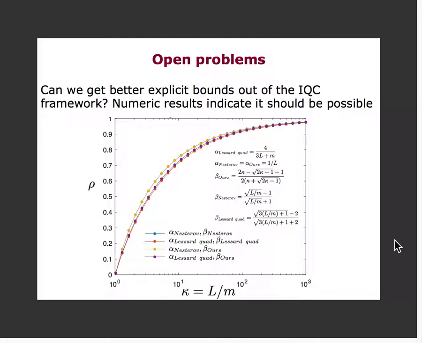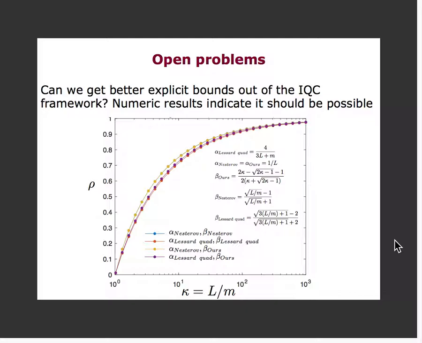But if we choose, for example, alpha given by this expression here, and beta equal to ours, and we run these numerical experiments, we actually get a better bound. And if we choose alpha and beta given by the tuning rules for the quadratic case that Lessard proved, we get even better bounds. So from the IQC framework you can actually push the bound a little bit more, but we were not able to prove it. If we make a different choice of alpha and beta, again the math does not follow.